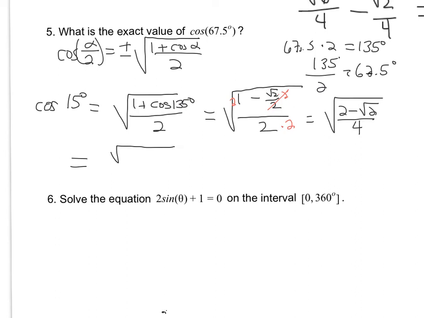So I can write this as the square root of 2 minus the square root of 2 all over 2. So the exact value of cosine of 67.5, I'm not sure why I wrote 15 there, 67.5, pardon me, is square root of 2 minus square root of 2 all over 2.